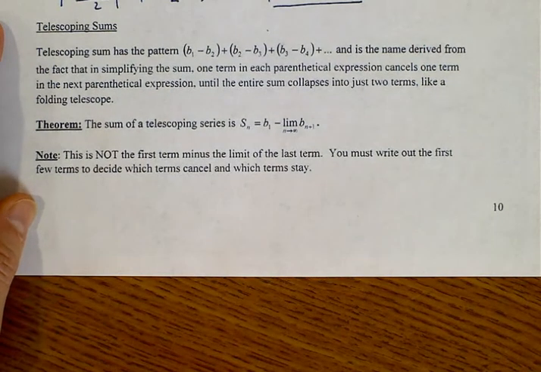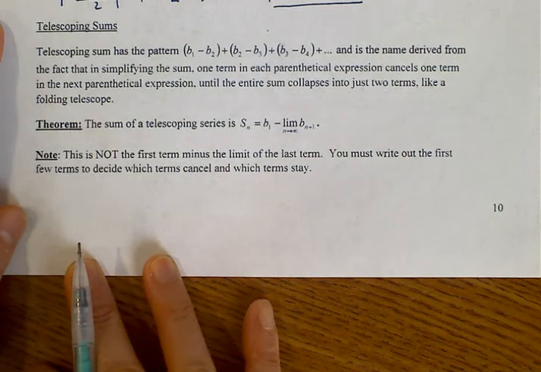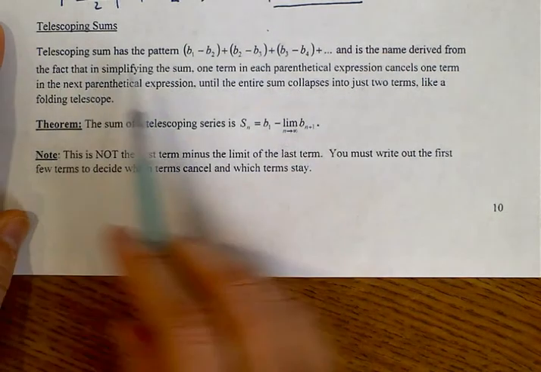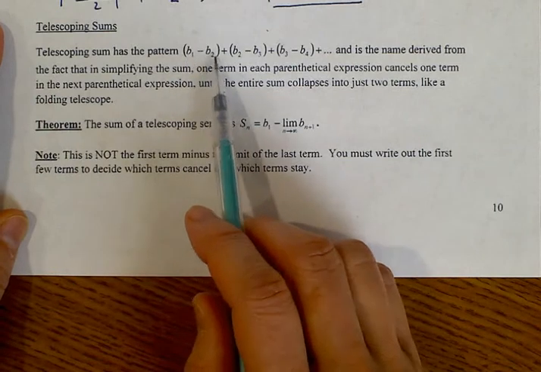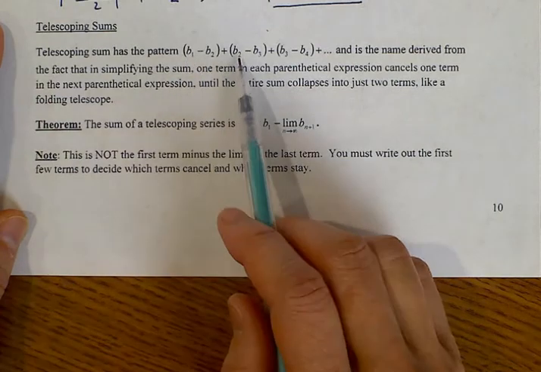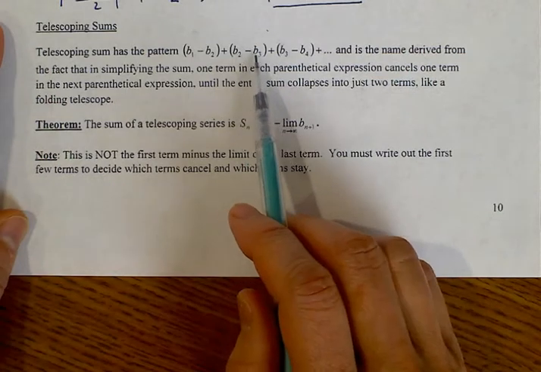Okay, the next thing I want to look at in section 9.3 is on page 10, the bottom portion, and it's called telescoping sums. Telescoping sums has this particular pattern. You have the first term b sub 1 minus b sub 2, and then the next term has b sub 2 minus b sub 3.